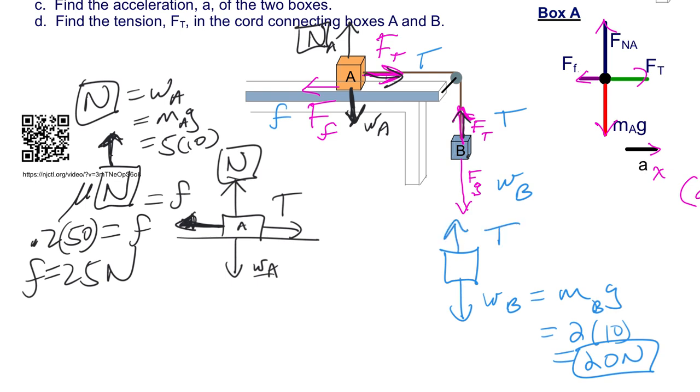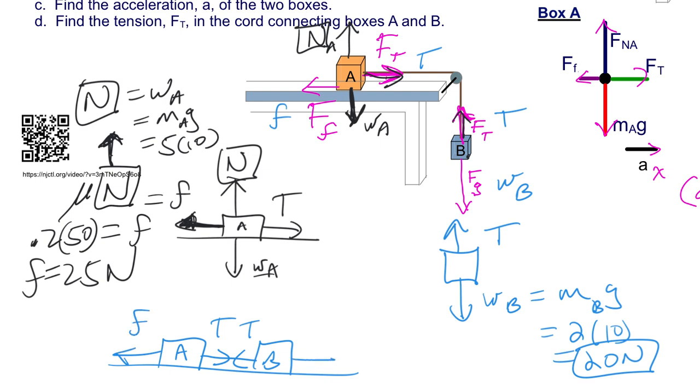Now, basically, I'm going to straighten this out. Here's A, here's B, and B isn't really on a table, but I'm just going to draw it like this. So there's the two tensions that equal each other, there's the friction on A, and there's the weight B of 20 newtons.